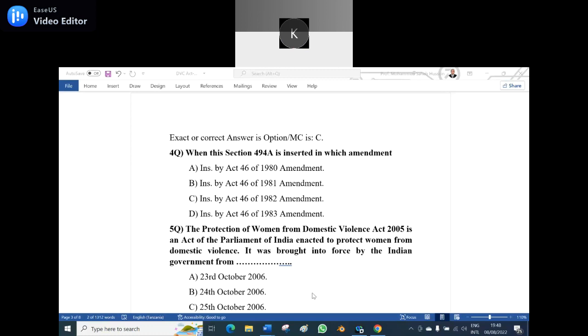Option C, inserted by Act 46 of 1982 amendment. Option D, inserted by Act 46 of 1983 amendment. Option D is right. Section 498A is inserted by the Act 46 of the 1983 amendment.